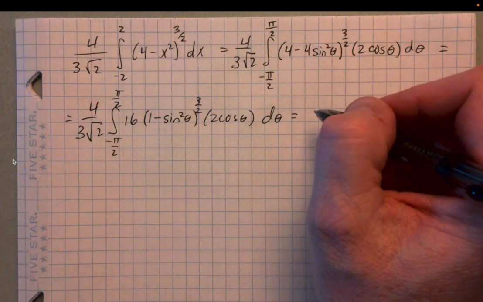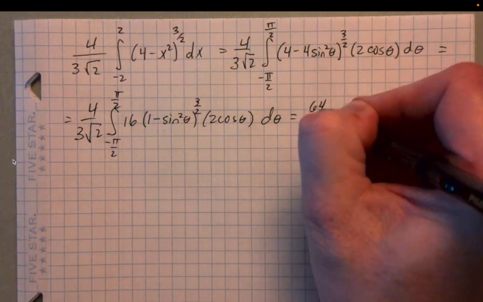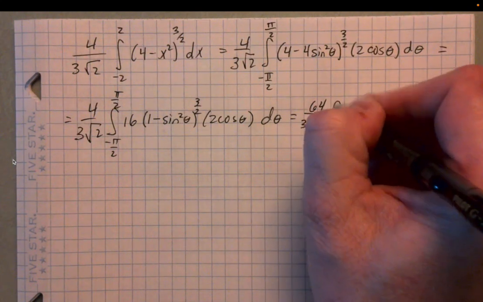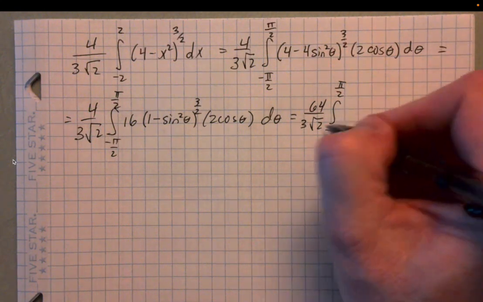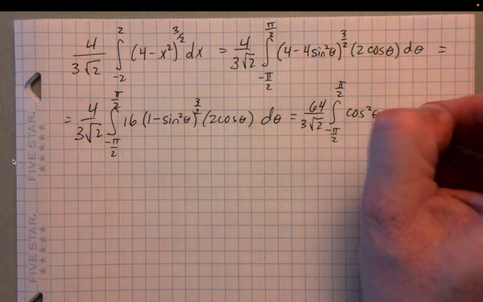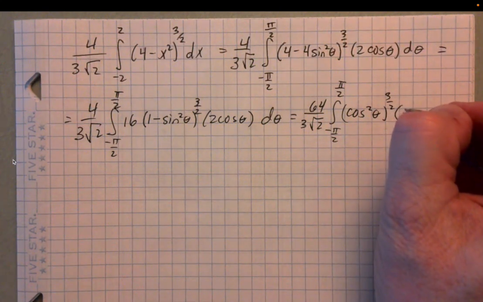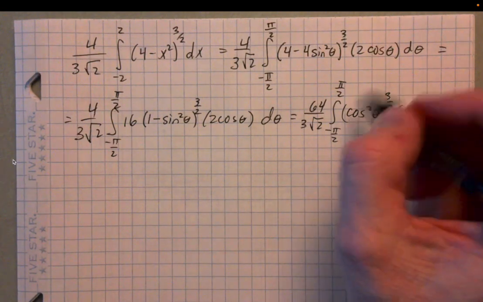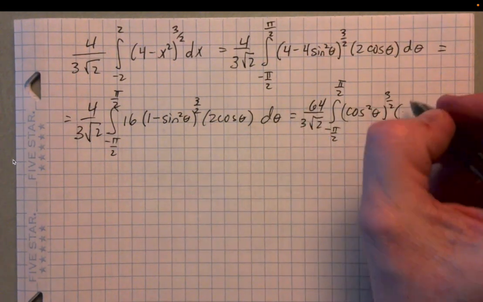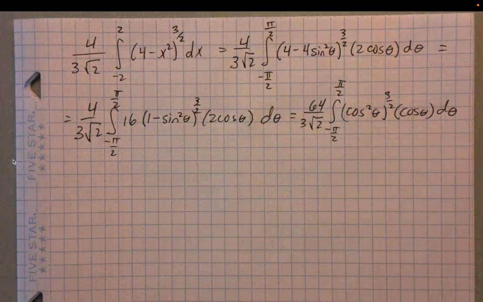The 4 times 16 here, that's going to be 64, so I'm going to pull that out. Okay, and then this is going to be cos squared theta to the 3/2 power times, oops, I think I pulled the 2 out here as well, and so that'll be times cos theta. Okay, yeah, good. No problems.